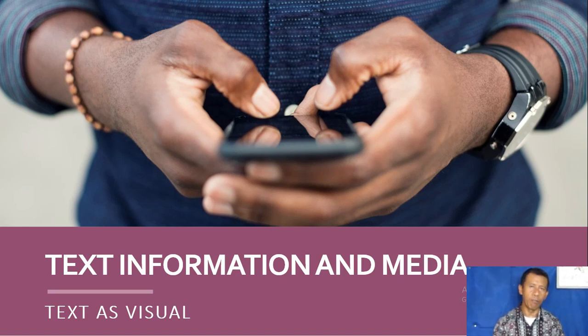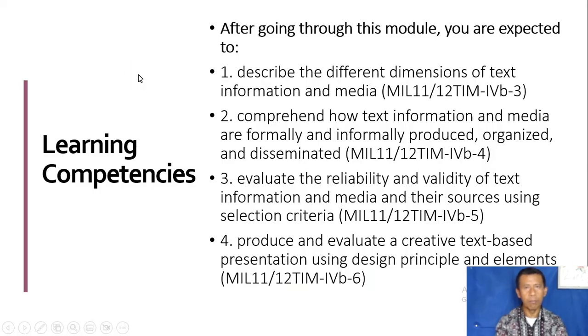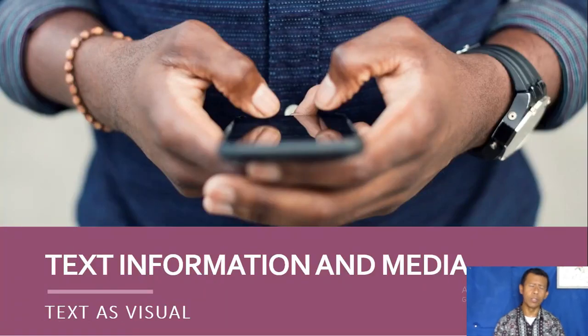This is part of the media and information literacy competency, how information is conveyed through text. Not all the time do we have pictures to understand the message, but we still need the text so that we could be clarified.